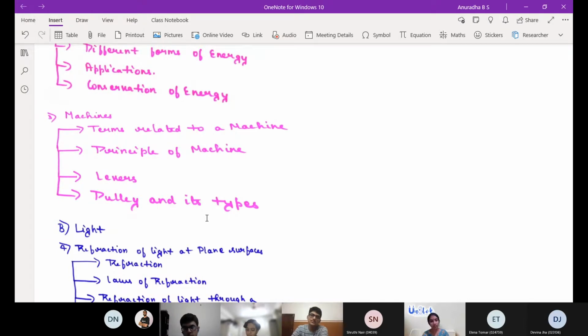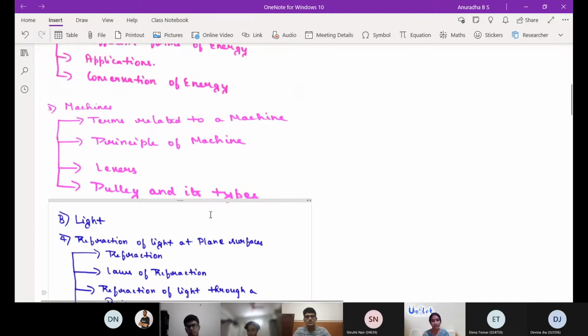You will be learning different types of pulleys, used for different purposes. Here I just gave one example about wells, that's all. Don't worry, you will be learning it in detail. Here I'm just telling the gist of it, just to know what you're learning.